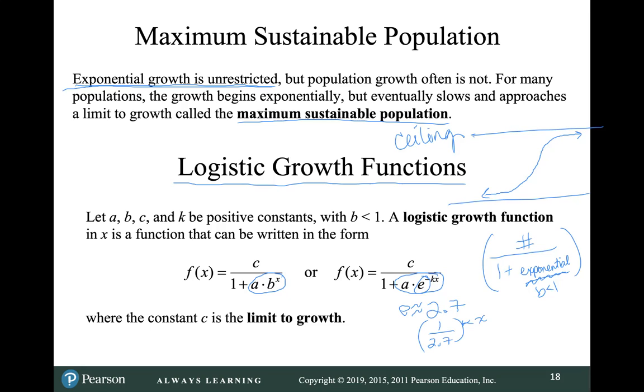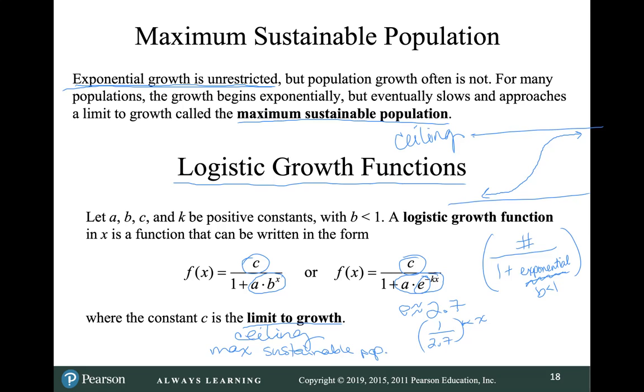Okay. And that number in the numerator, that is the limit to growth, or the ceiling. Or we can also call it the maximum sustainable population.